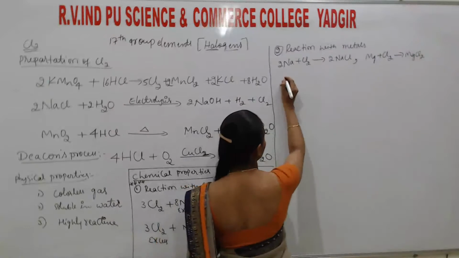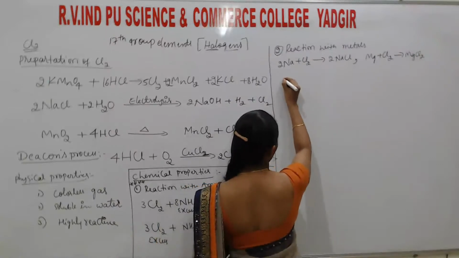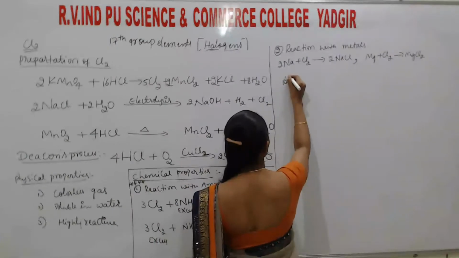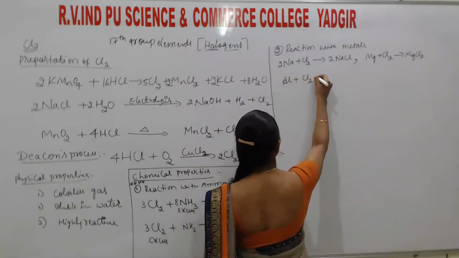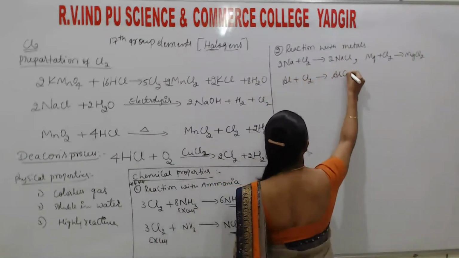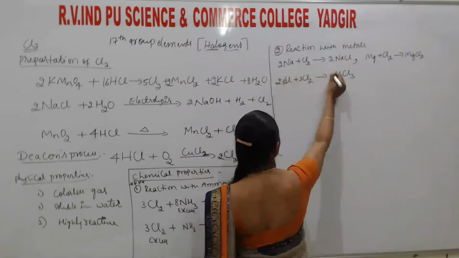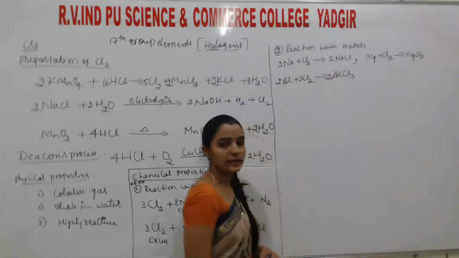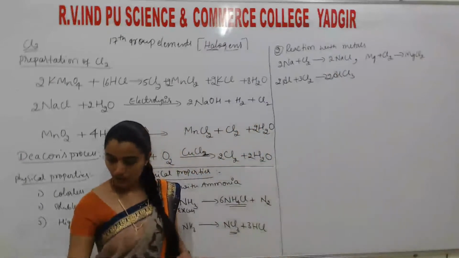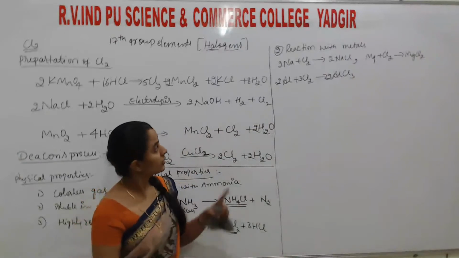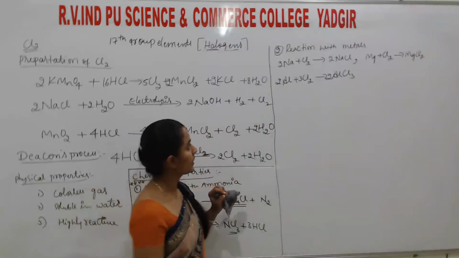Next, aluminium reacts with Cl2 to form AlCl3. So this is 3 moles, this is 2 moles, this is 2 AlCl3. This is reaction with metals.